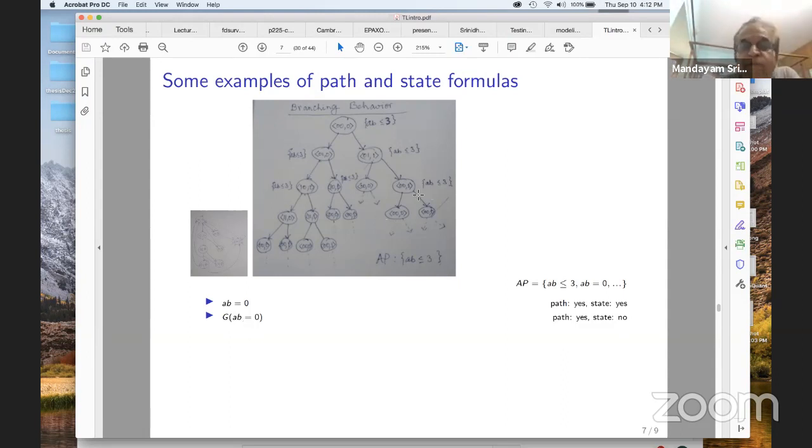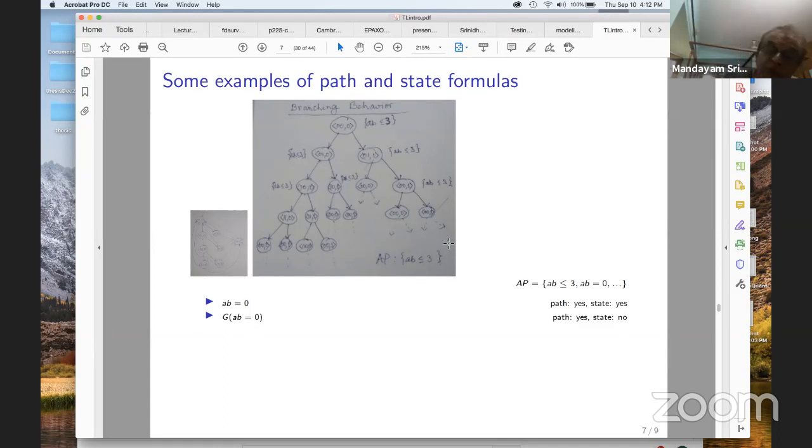If you isolate this path starting from this node here, on the right side, in which I assume that reset is asserted constantly, that particular path is certainly AB equal to 0 true forever.